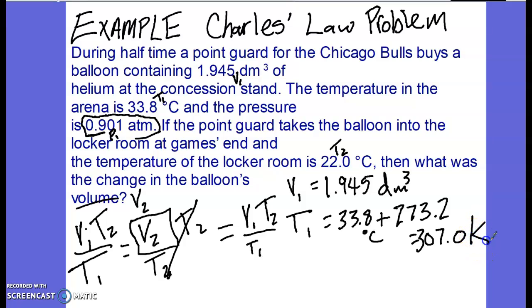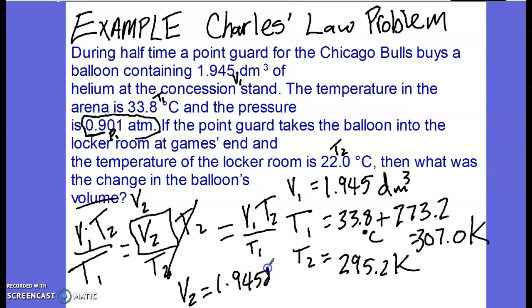Okay, we'll have to do the same thing to T2. So if we add 273 to 22, T2 would be 295.2 Kelvin. Okay, so now we can just plug it into the problem here. V2 will be equal to V1, 1.945 decimeters cubed.